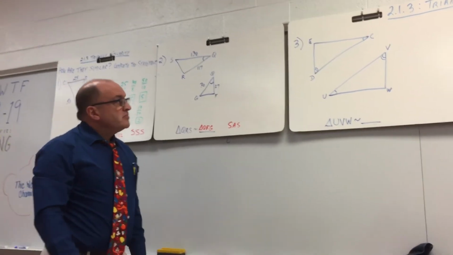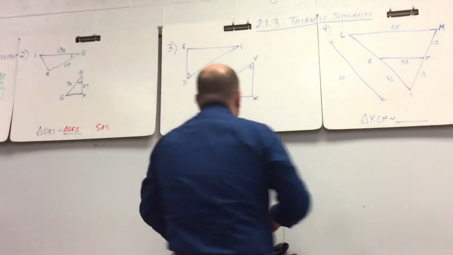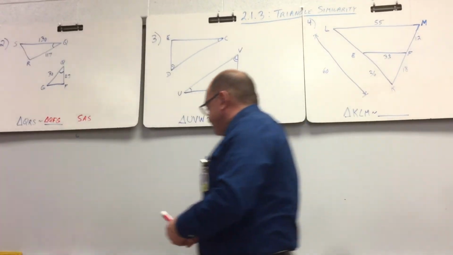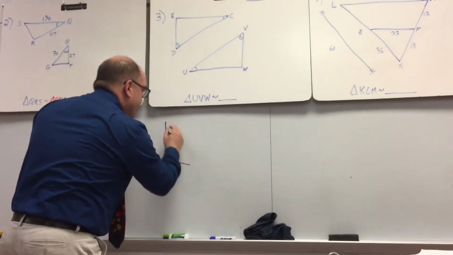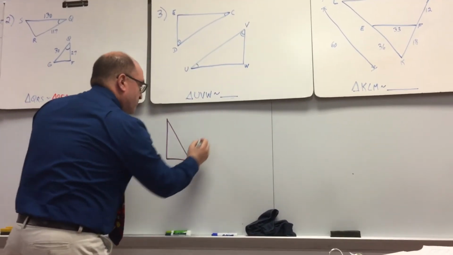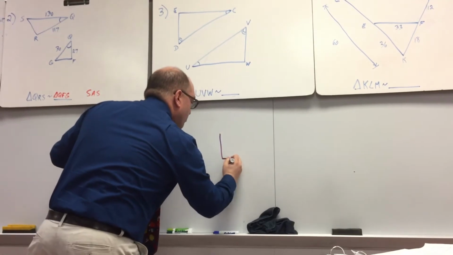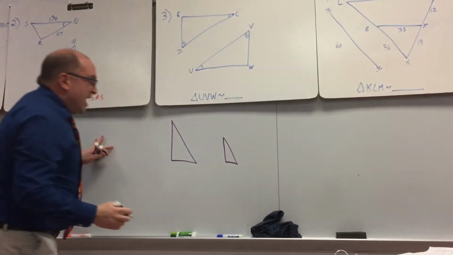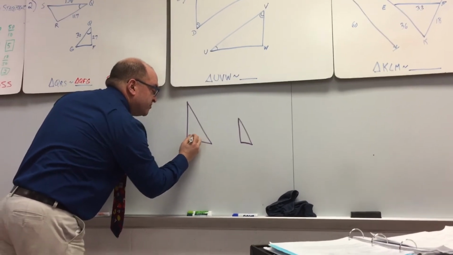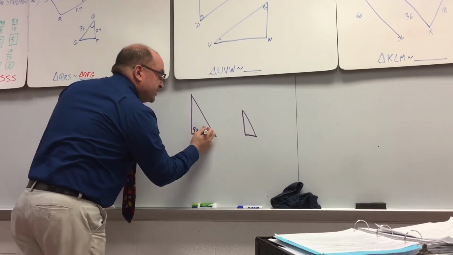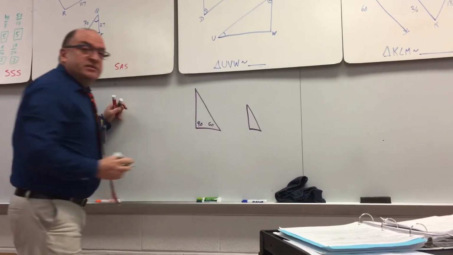Okay. Over here, now, let me ask you a question. Let's say we had two triangles. Okay, and I told you that this here was 90 degrees, and I told you that this here is 60 degrees.